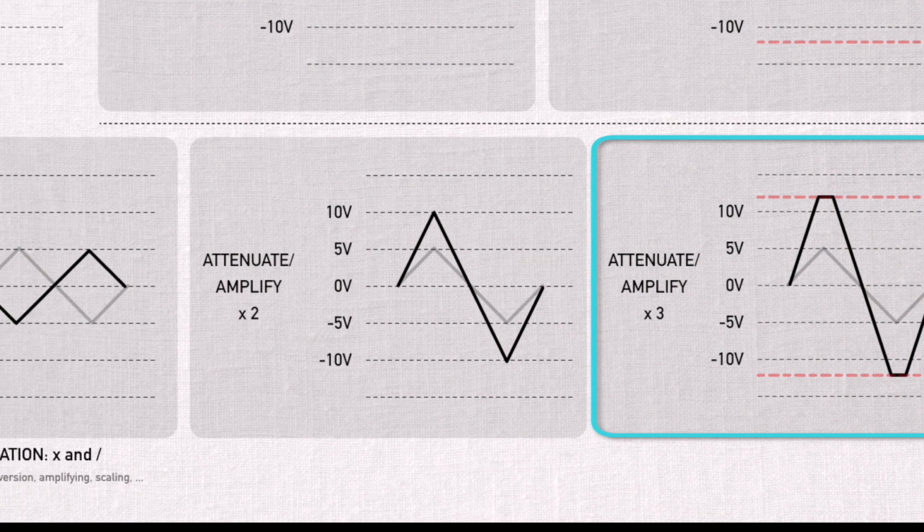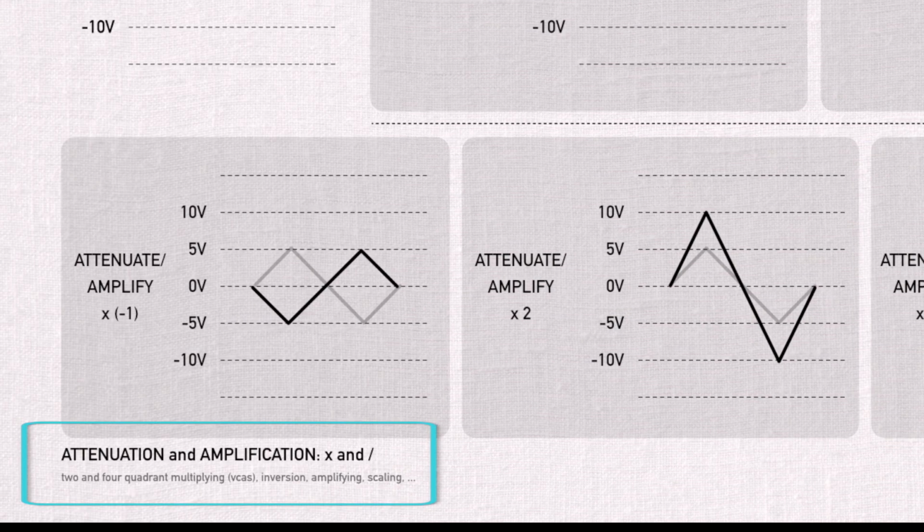And as I wrote down on the bottom there, attenuation or amplification is something that we find in 2 or 4 quadrant multipliers, which are, well, regular VCAs and ring modulators. You find this in modules, like I said, that allow you to invert a signal.